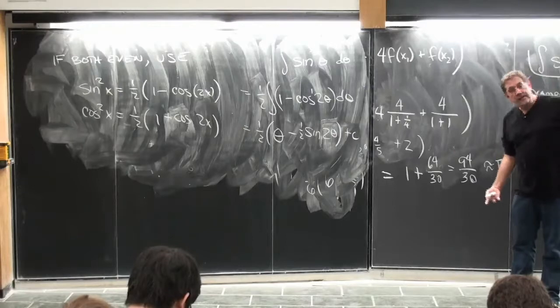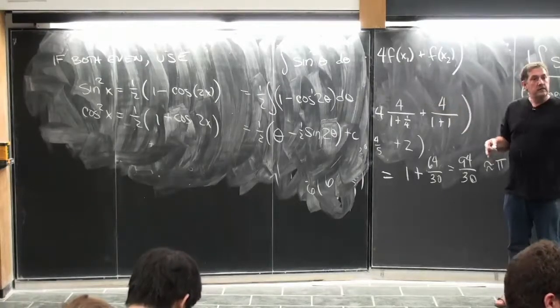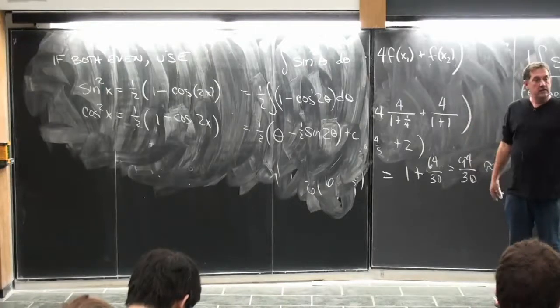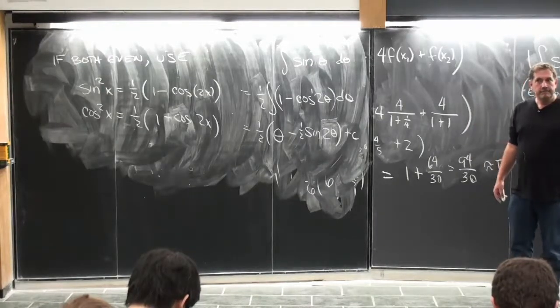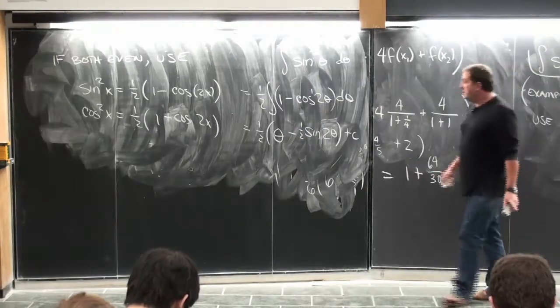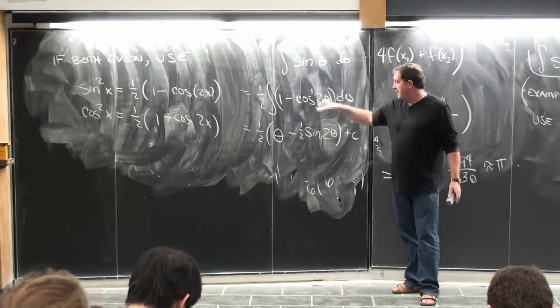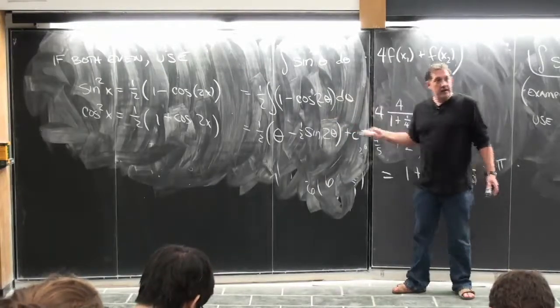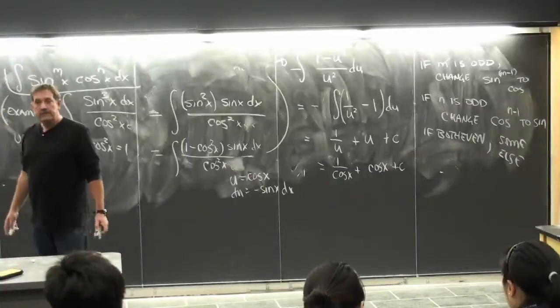So if you had a sine to the 6th, you could do this trick, and now I have cosine cubed, and now I can use the other trick. Okay? People all right with this? So it's important to remember that the angle keeps doubling. This is a cosine 2 theta, so if I had to do it again, then it would become 4 theta, and so on.